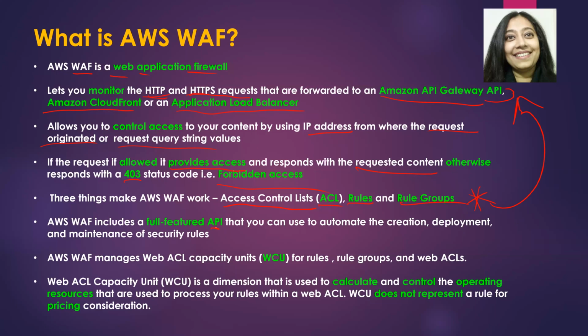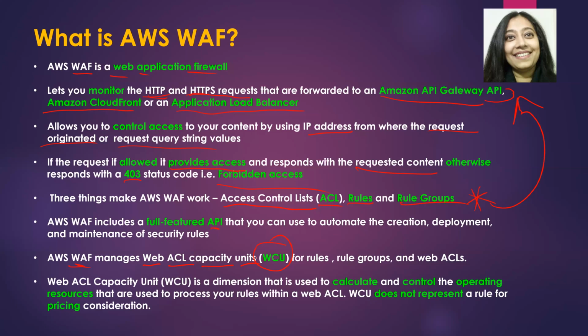Now, one important concept that you need to understand about WAF, and anything that's related to WAF like rules or rule groups, is Web ACL capacity units or WCU. Each rule or rule group or the Web ACL itself, which basically comprises rules and rule groups, will have a certain number of Web ACL capacity units or WCUs associated with itself, right?